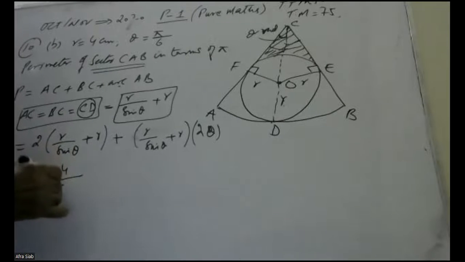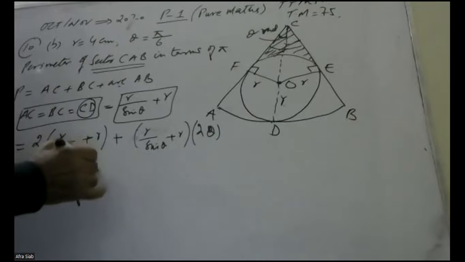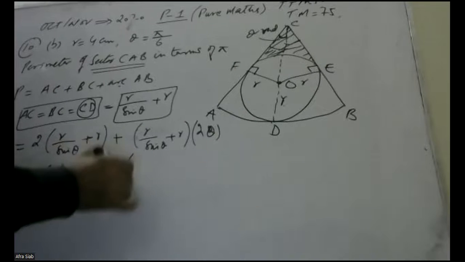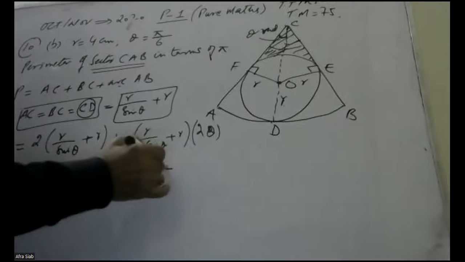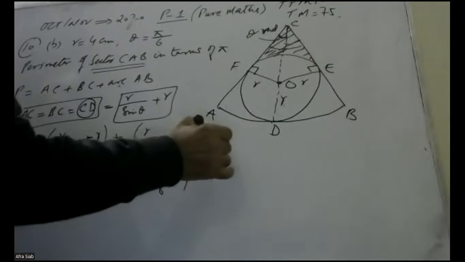So we can put the value of R equal to 4 and theta equal to pi by 6. So that is 2 into 4 over sine of pi by 6 plus 4, plus 4 over sine of pi by 6 plus 4, into 2 theta, where theta is pi by 6.